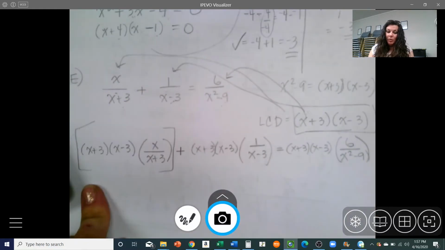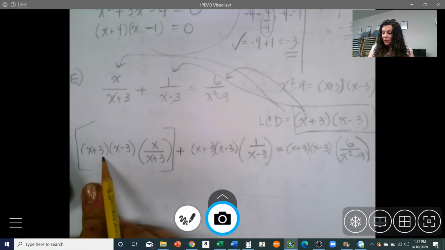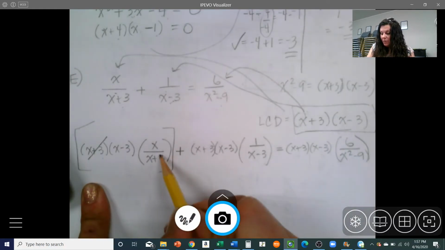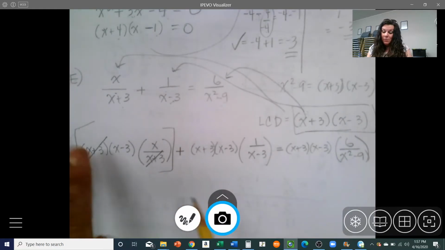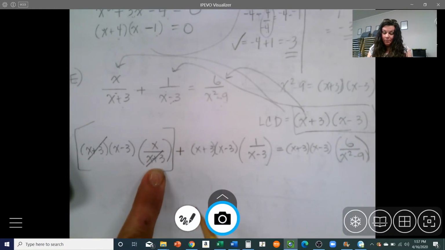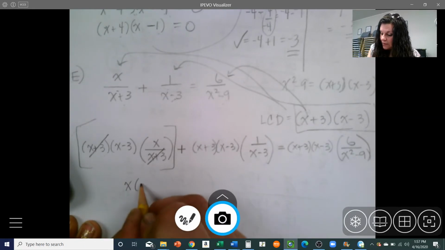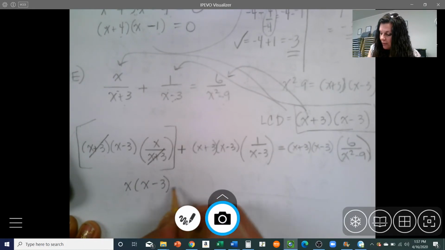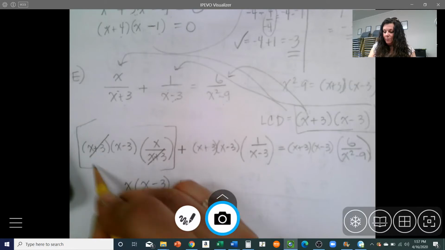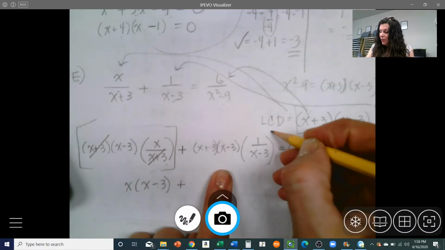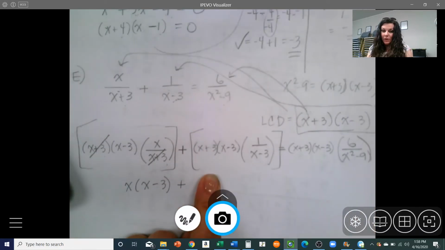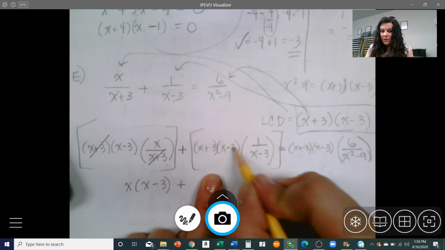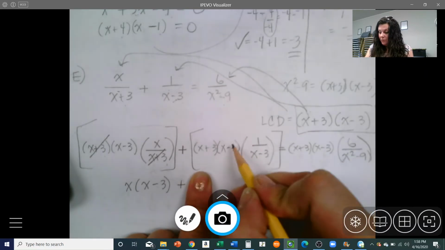Now is where we get some fun stuff happening. This is a product, and so I can cancel this x plus 3 and this x plus 3 because one is on top and one is on bottom. So that leaves me with x times x minus 3 for this term. Okay. This term is a product, and I have an x minus 3 up here and an x minus 3 down here.